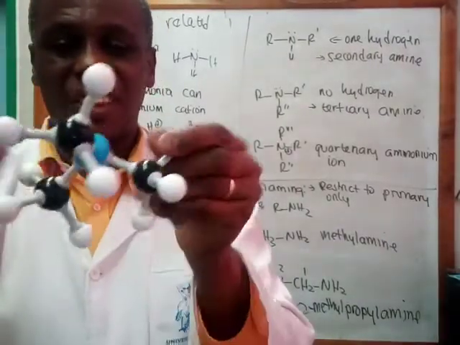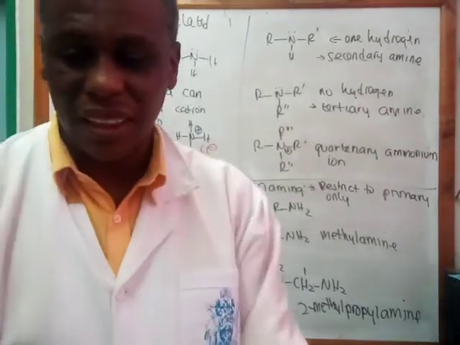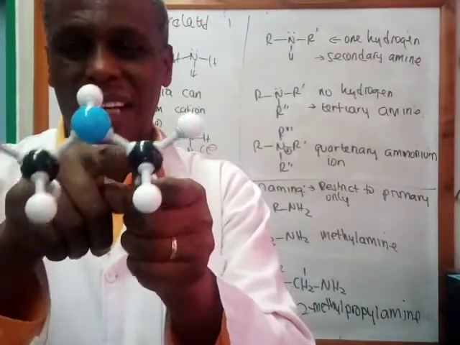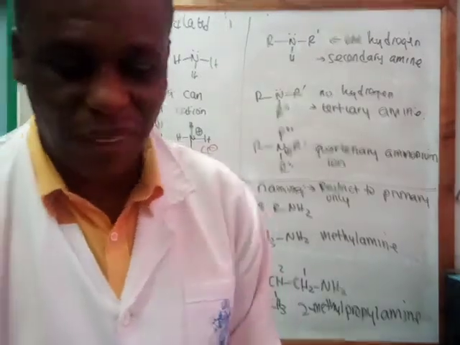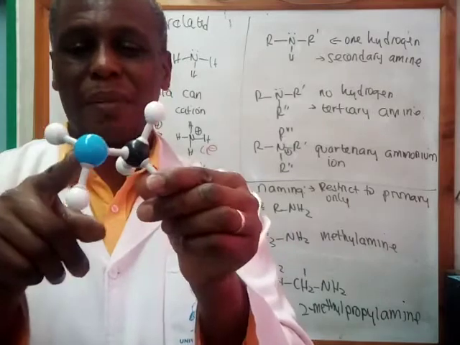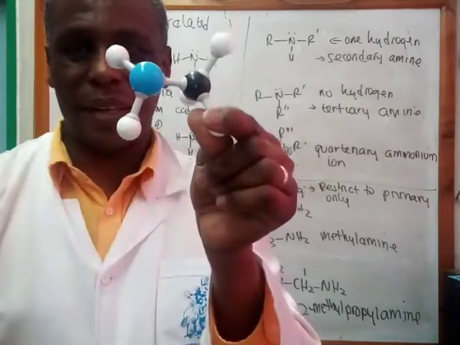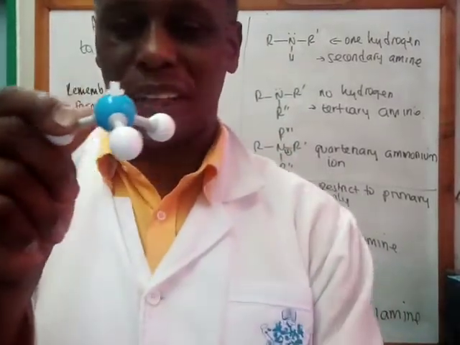This tertiary amine has 1, 2, 3 alkyl groups. This is a secondary amine, which has an R1 and R2, and then a nitrogen with a single hydrogen. And then there is the primary amine, nitrogen with two hydrogens and an alkyl group. Remember that they are all related to ammonia.